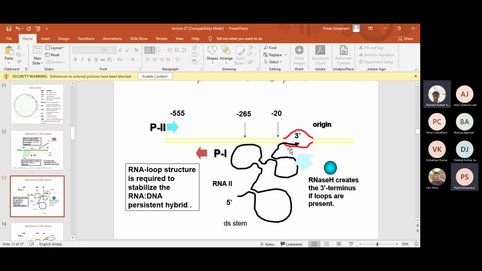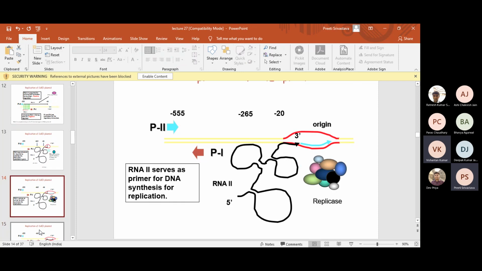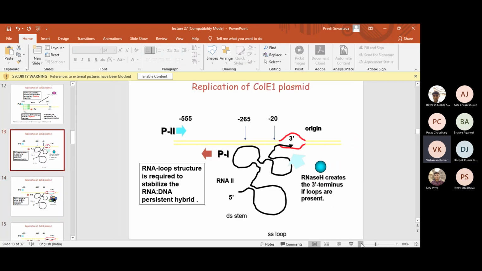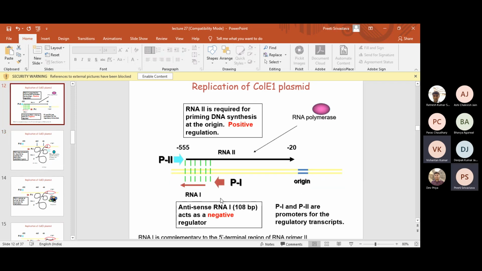Ma'am, I had a question. If it was just to serve as a primer, then why did the cell synthesize a 100 base pairs long RNA? The RNA1 you mean? This one is the 100 base pair antisense RNA, and this one is the long one.